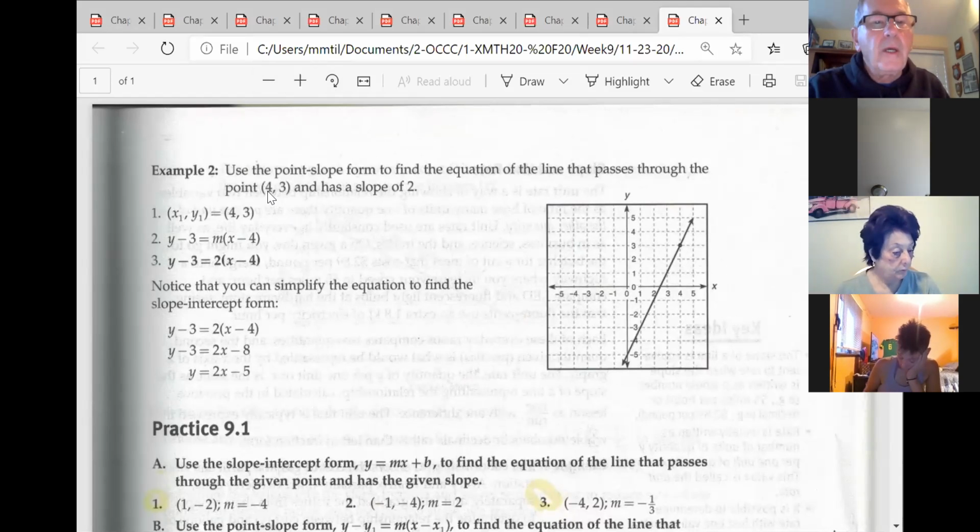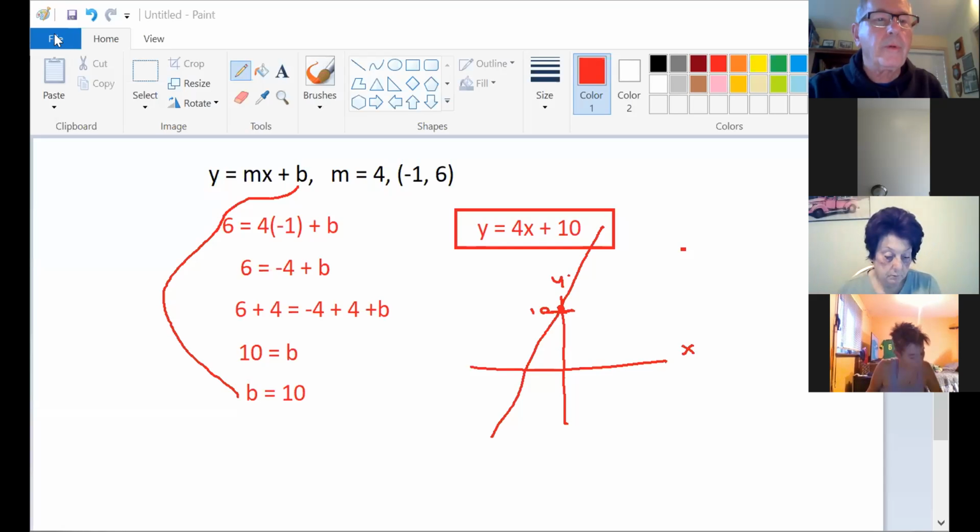In this particular one, you've got a slope of 2 and a point of 4 and 3, so m is equal to 2. Let me stop sharing and get back to my whiteboard here.